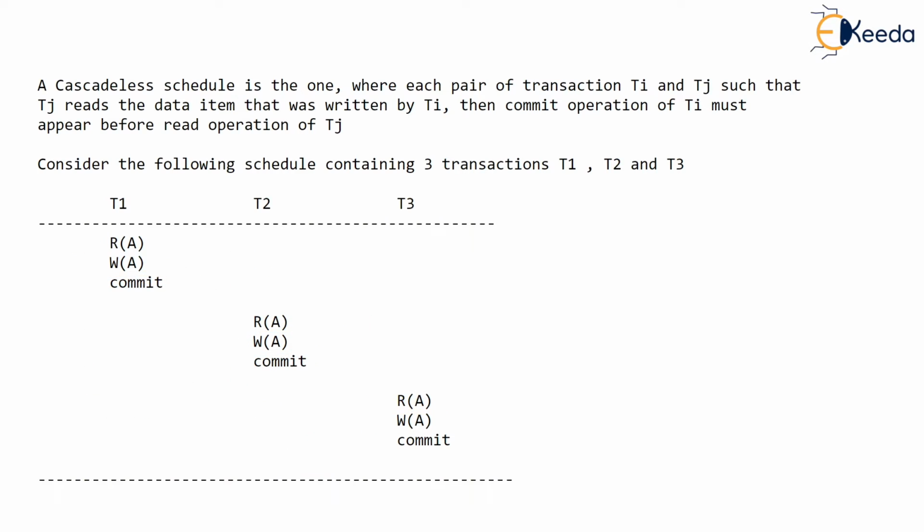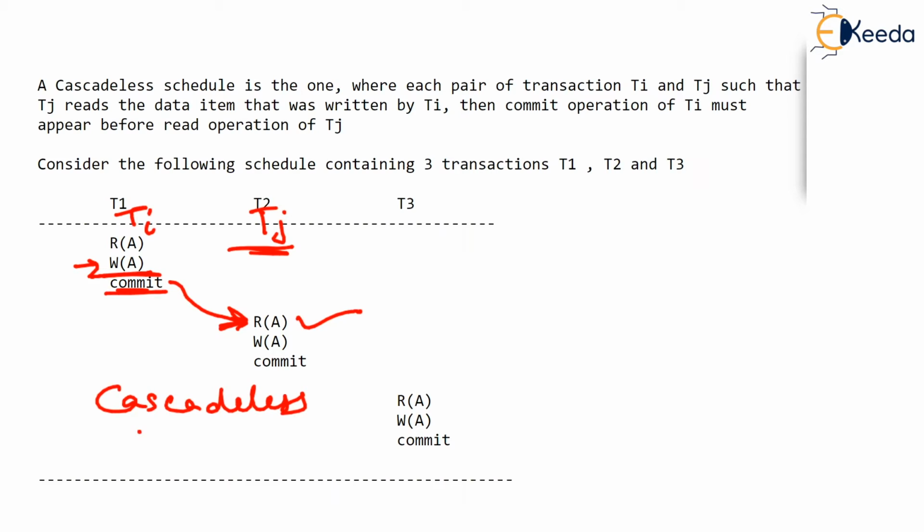But if every transaction Tj is reading the value which was updated by Ti, but only after Ti's commit, then such schedules are called cascadeless.